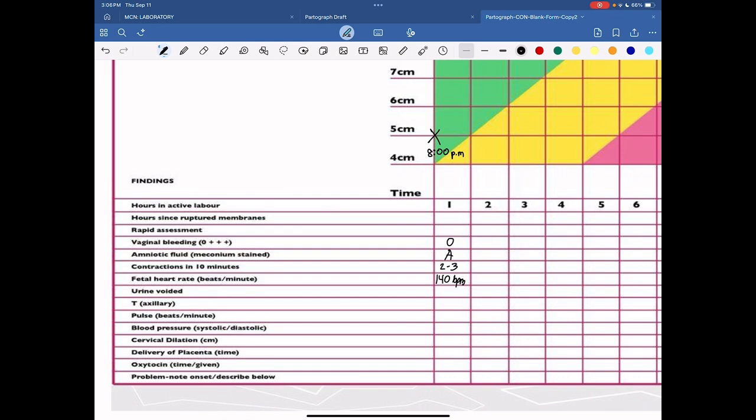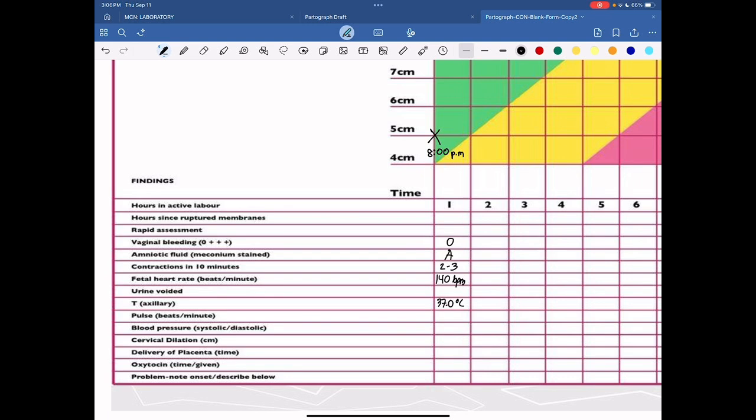It was not mentioned that Jenny had voided, so we are going to leave that blank. Then the temperature was recorded to be 37 degrees Celsius. Then the heart rate was also not recorded at 8 p.m. for Jenny.